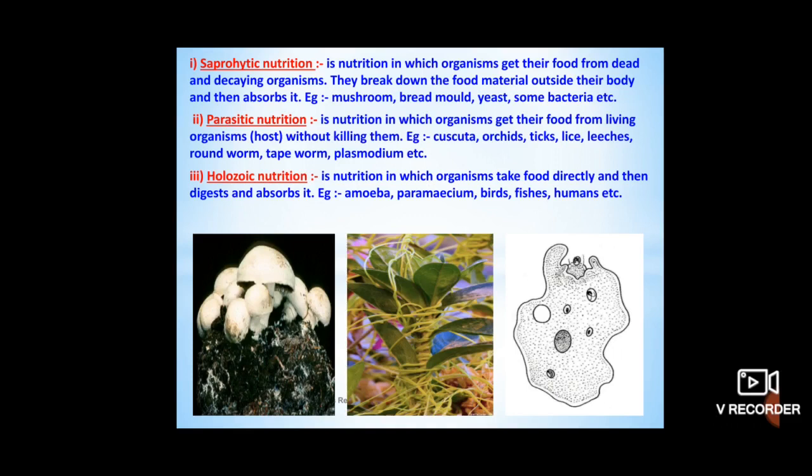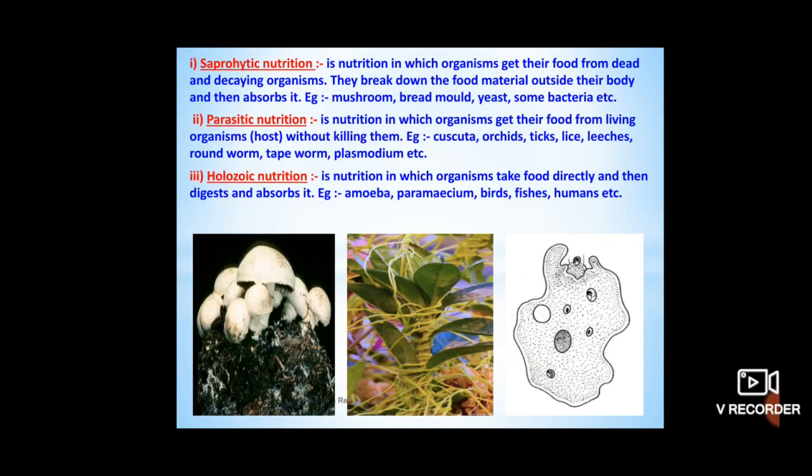Do you know where the mushrooms will be grown? Yes, where moisture and dead and decaying organisms are available in large numbers. For that reason only, we identify the mushroom there. So the mushroom is the best example for which type of nutrition?